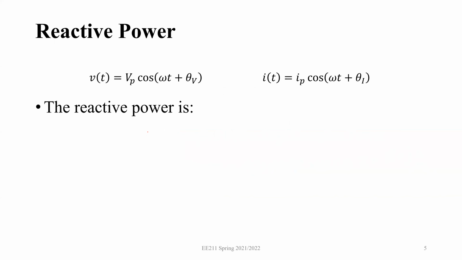Then reactive power is denoted by Q, and the formula is Vp Ip divided by 2 into sine of theta V minus theta I.